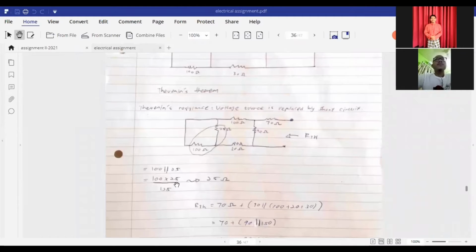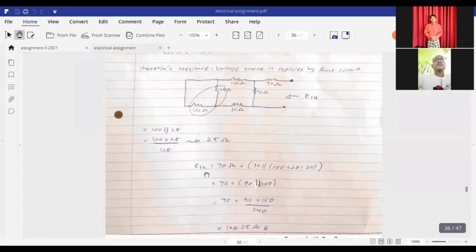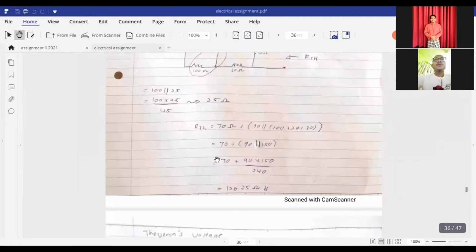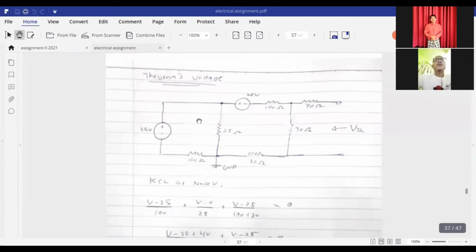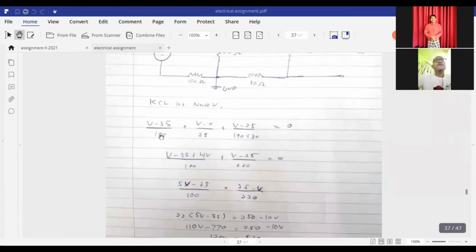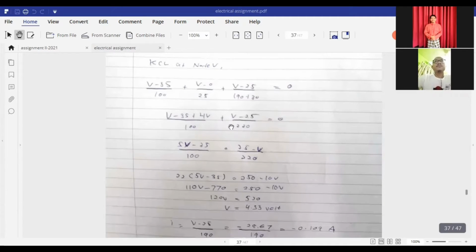100 multiply 25 over 125, we get 25 ohm. For the Thevenin's resistance, we get 126.25 ohm. For the Thevenin voltage here, KCL at V minus 35 over 100 plus V minus 0 over 25 plus V minus 25 over 19 plus 90 plus 30 equals 0.